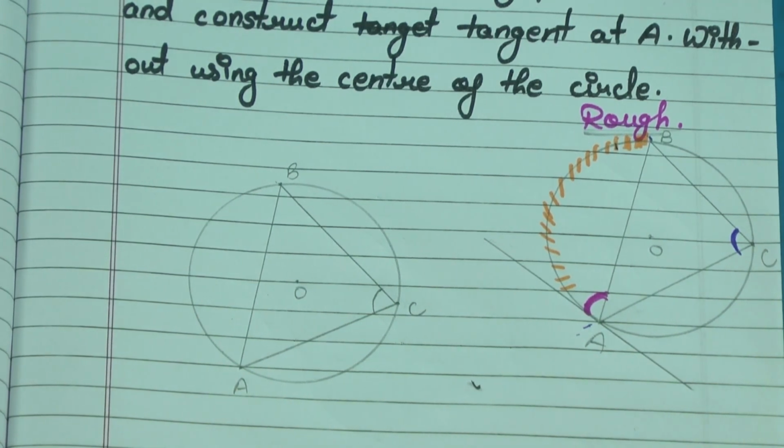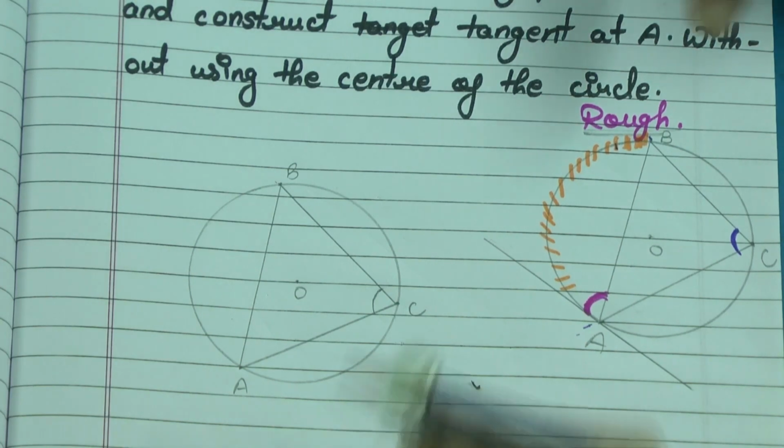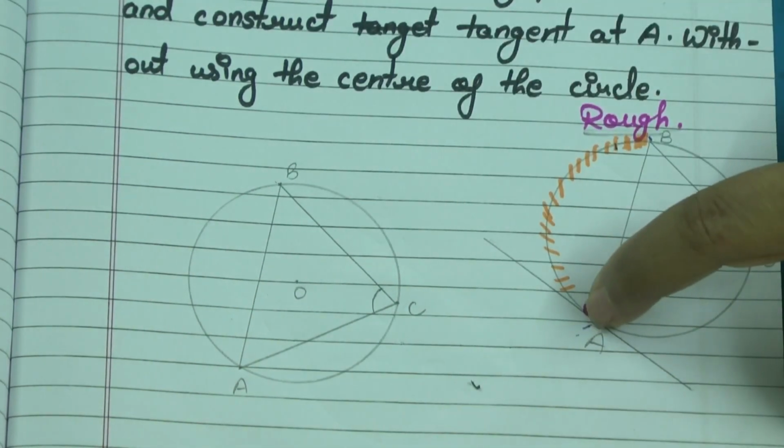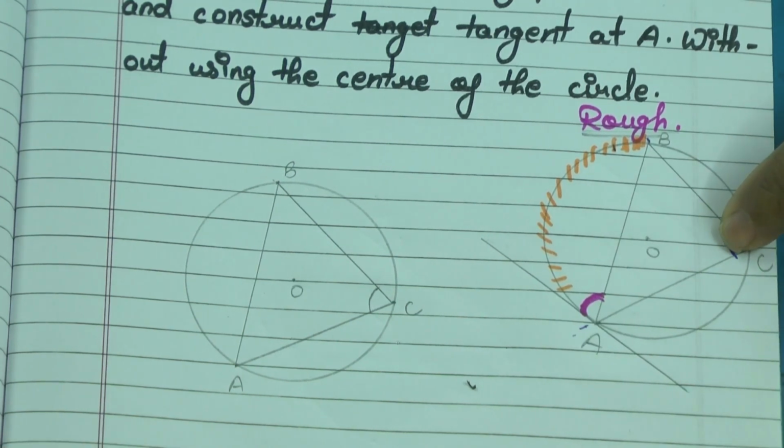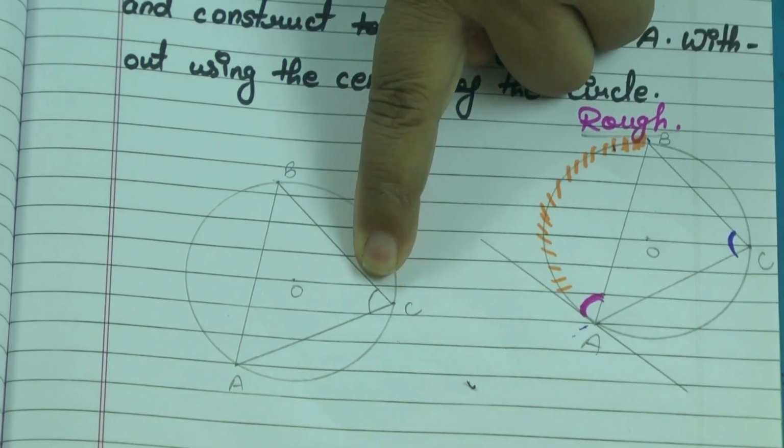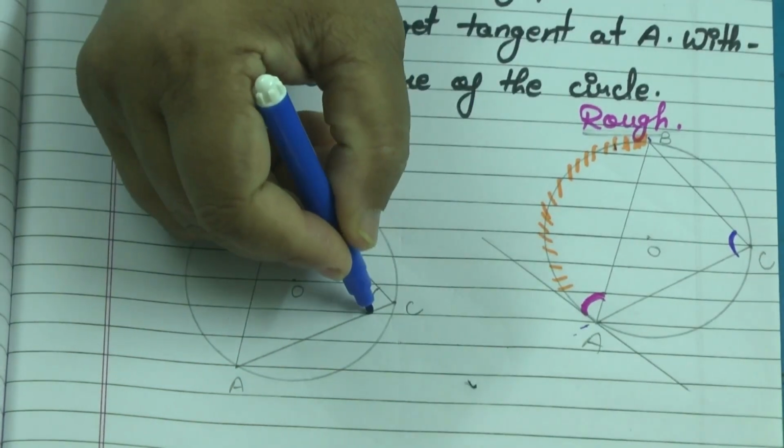By drawing the equal angle, we know angle A here, this pink angle is equal to this blue angle. So we got this blue angle in our construction. Mark it as blue so that we know which angle we have got.